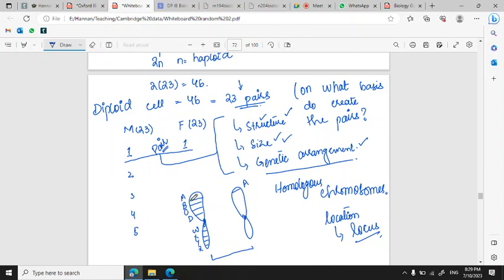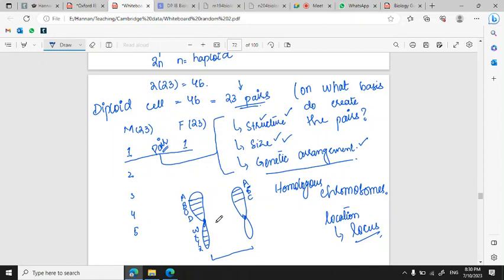This A would have the same position as this A. This B would have the same position as this B, and this C would have the same position as this C. It means that homologous chromosomes not only have the same structure and same size, these chromosomes also have the same genetic arrangement. All the genes would be arranged in the same pattern.